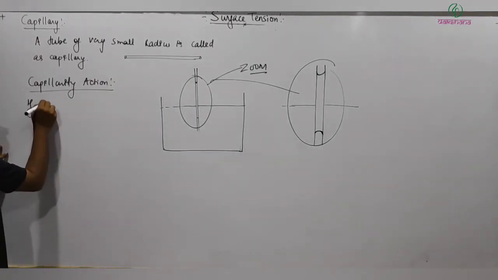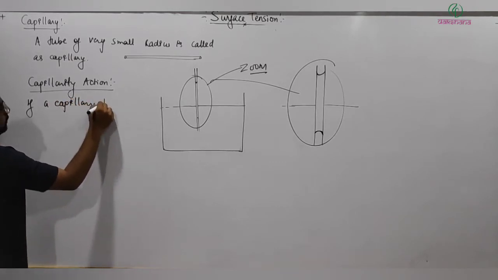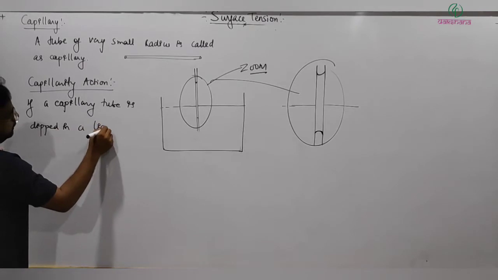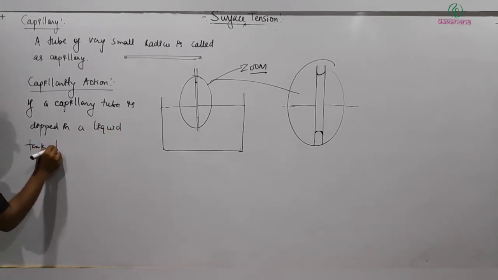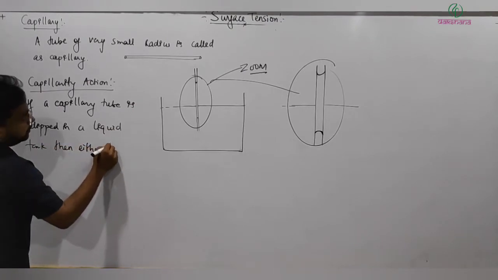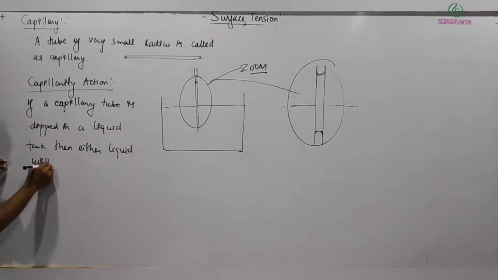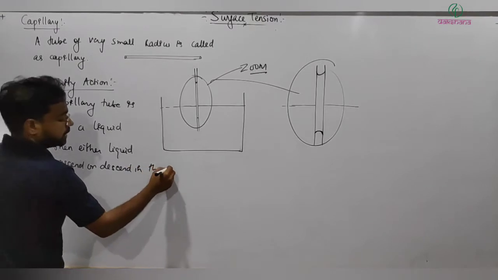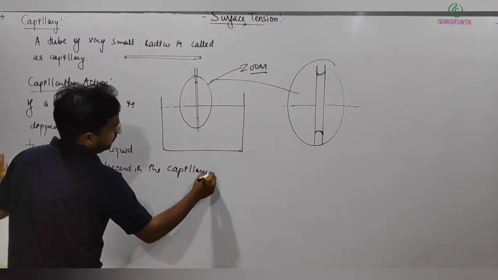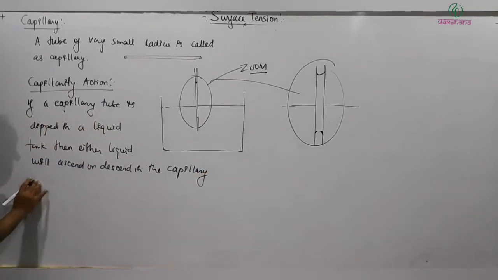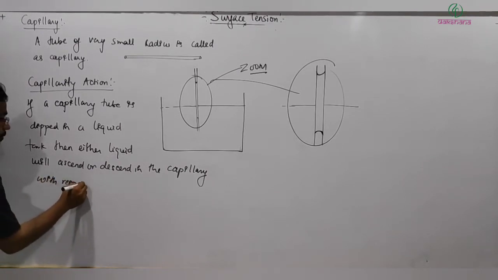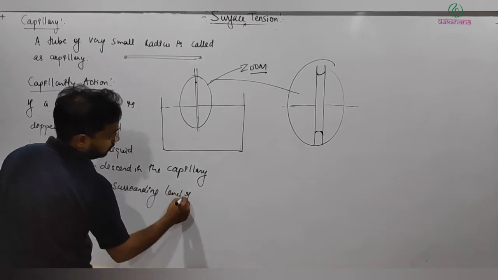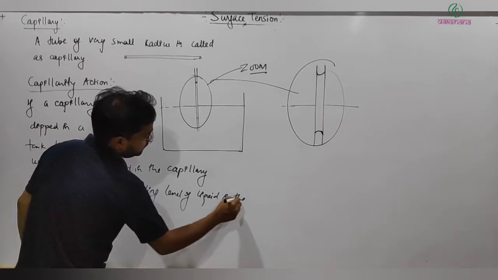So I can define it: if a capillary tube is dipped in a liquid tank, then the liquid will either ascend or descend in the capillary with respect to the surrounding level of liquid in the tank.